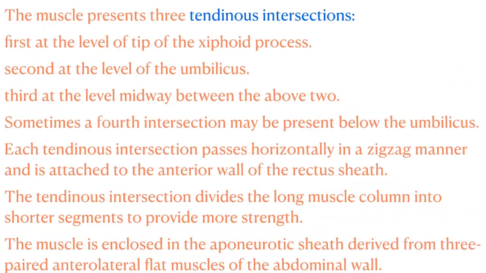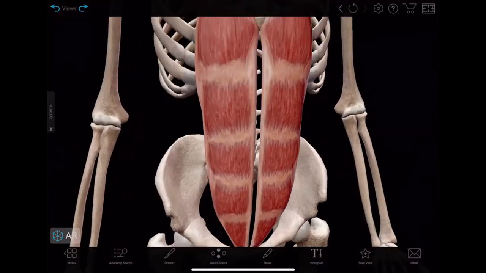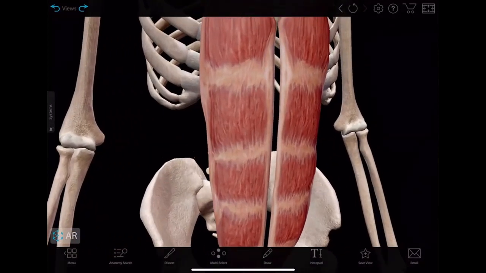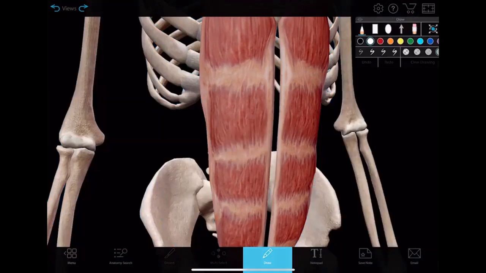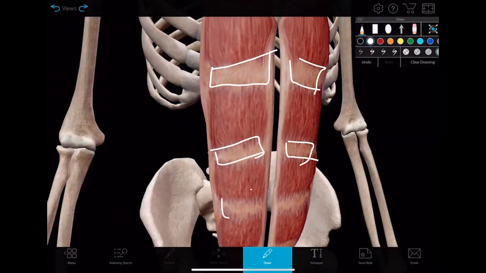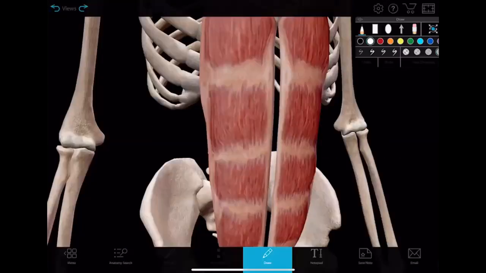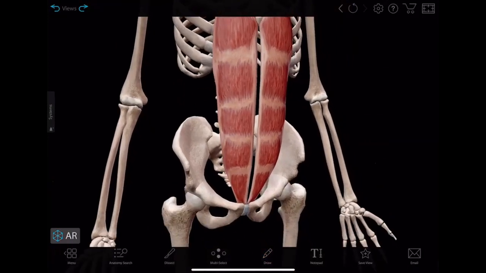The muscle presents tendinous intersections, right? You see, the white portions in the red one are called tendinous intersections, right? This is a tendinous intersection, this is a tendinous intersection, and this is also a tendinous intersection, right?